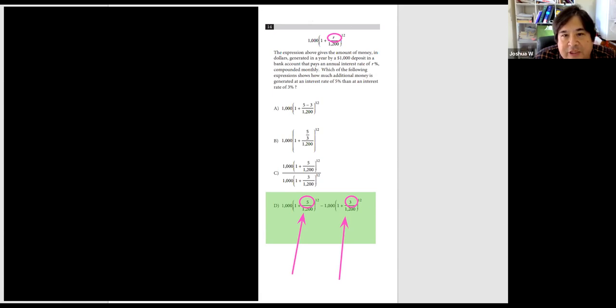Here you put in place R is the rate. So here the bank is offering you 5%, so you can calculate your total amount based on the 5% rate. And then since you want to compare that, you go to another bank. The bank is like, well, we'll offer you 3% based on your investment. Then that would be the difference in the extra amount, additional money. You don't have to solve for that amount.